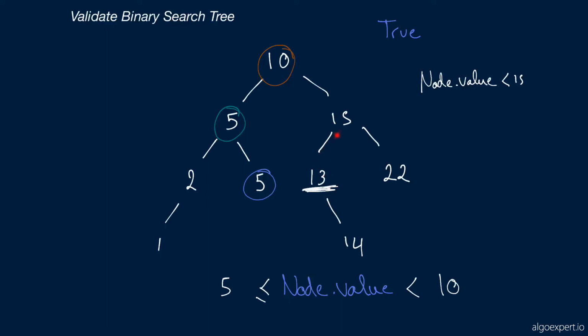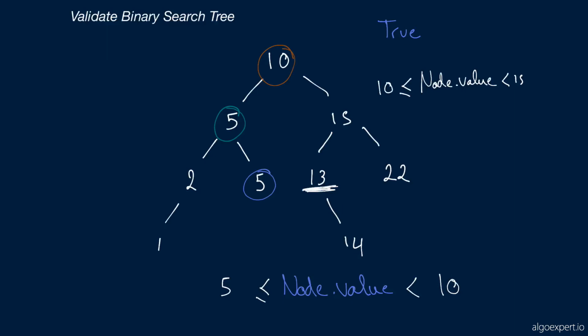And then similarly, if we go up the tree, we see that 13 is to the right of 10. It's in the right subtree of this 10 node. Therefore, it must be greater than or equal to 10. So here we can add greater than or equal to 10.